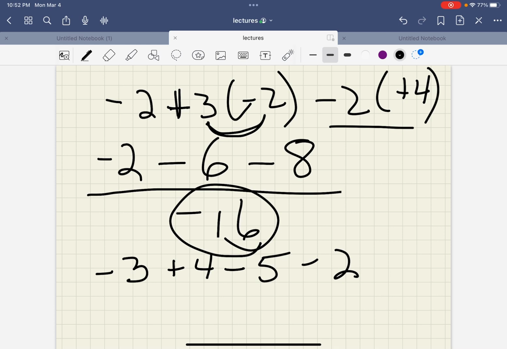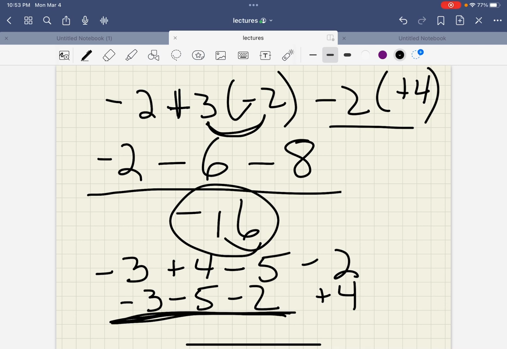So I'm going to just rewrite this. It makes it a little easier to look at. Negative 3 minus 5 minus 2, and then I'll write the plus 4 off to the side. Because these are all negatives, we can add those, and the answer to that will remain negative. So 3 and 5 is 8, plus 2 is 10, and it was negative, so that's negative 10.